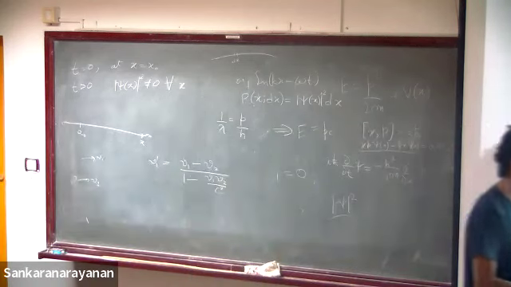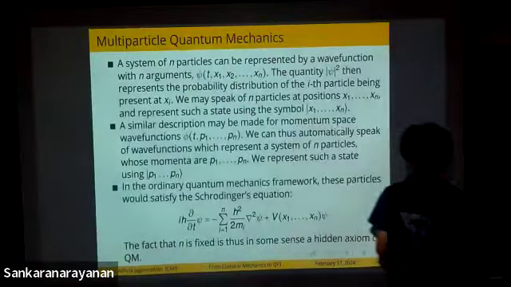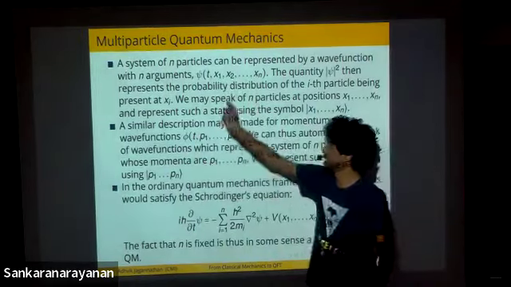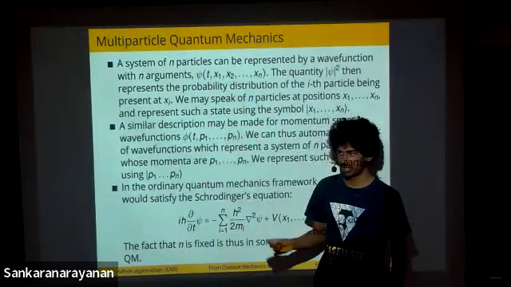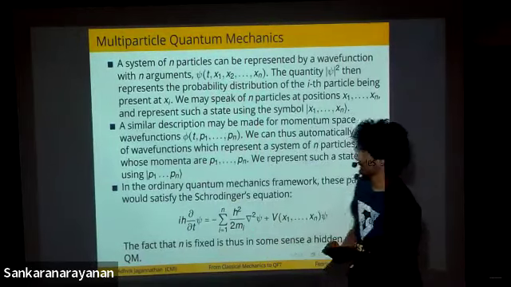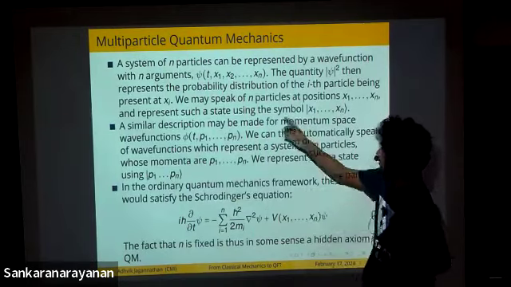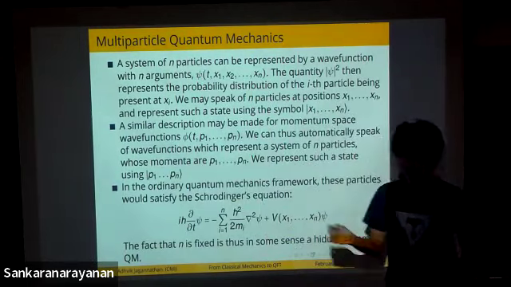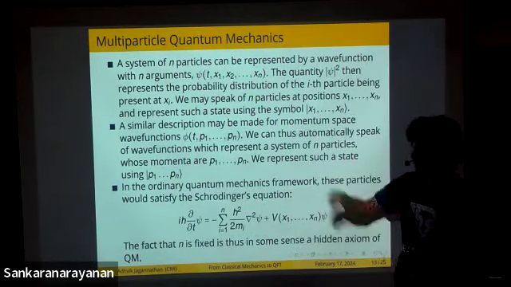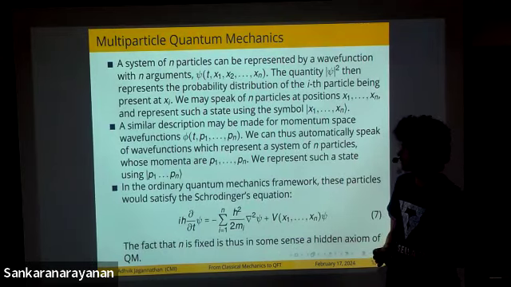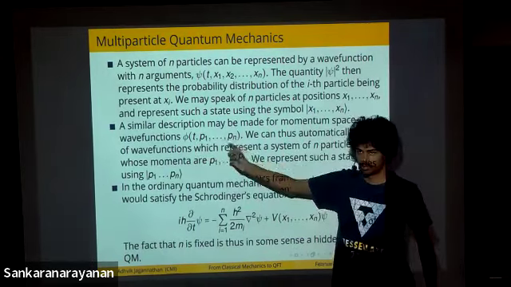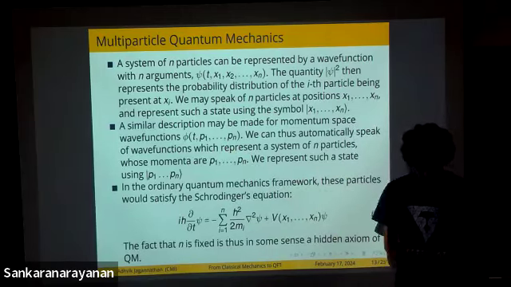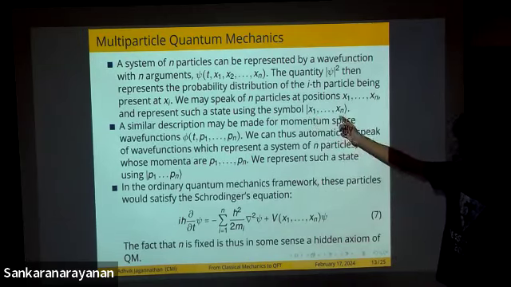So multiparticle QM. Instead of one argument, you have n arguments of particles. So each xi represents particle number i in some sense. And the probability density mod psi squared represents the probability that one particle is at x1, the second is at x2, and so on at time t. Similarly, you can speak of momenta of n particles, and that has the same interpretation. We'll use this notation, x1 comma xn ket.